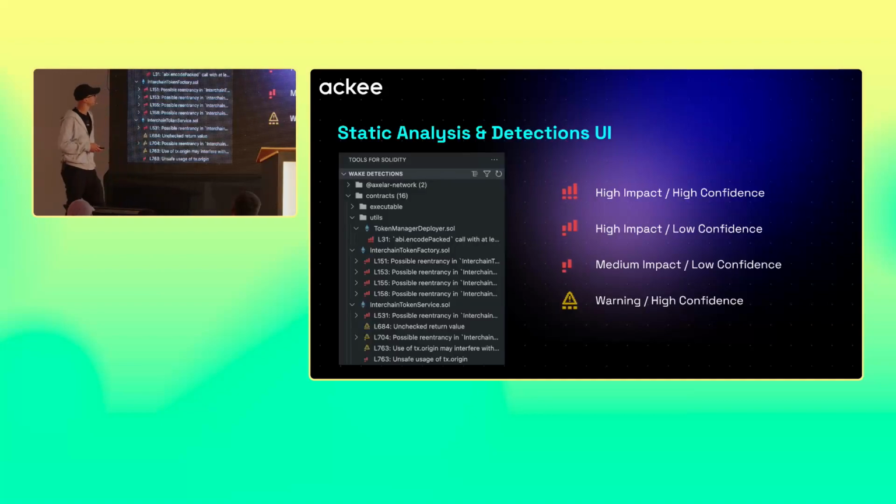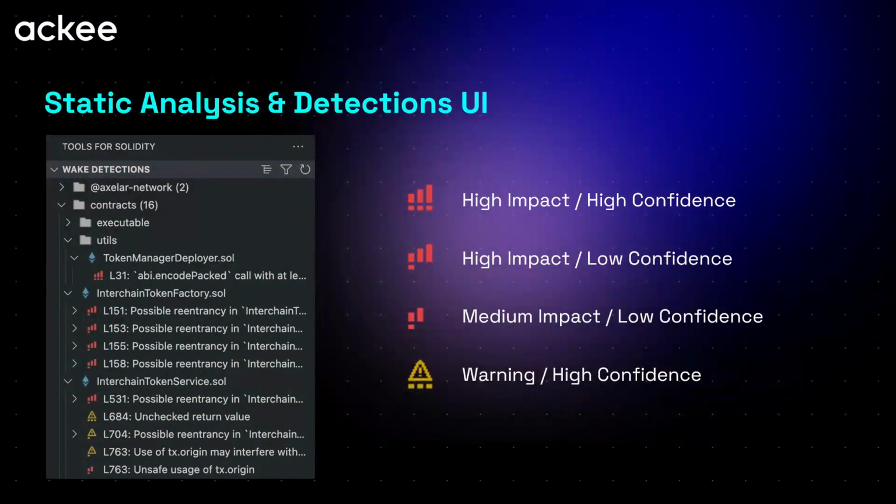OK, and now let's take a look at the detail of some interesting features. So this is our detections UI, where you can see the detections from the static analysis directly in VS Code. You can filter them by impact or confidence. You can group them by detector or other criteria.